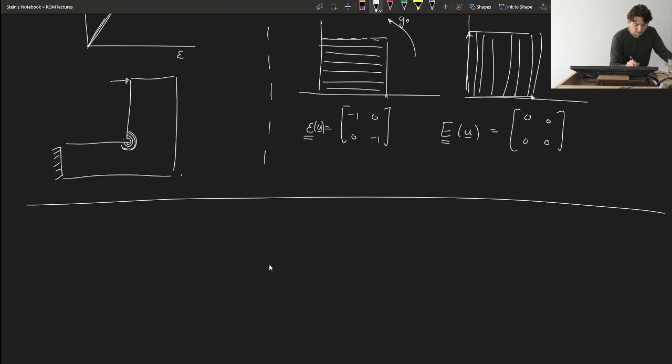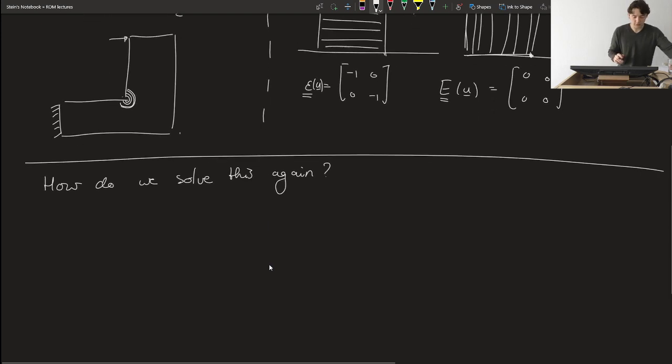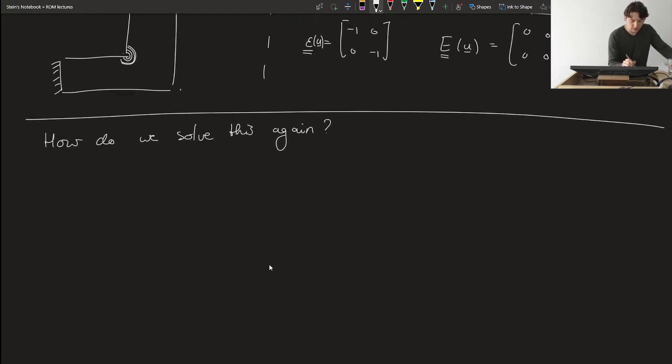So, how do we solve this again? Let's talk a bit more generally. These are two specific examples that we'll get back to in a second, but first I'm going to talk about a general example of a nonlinear problem. I have here A, which is no longer a bilinear form.